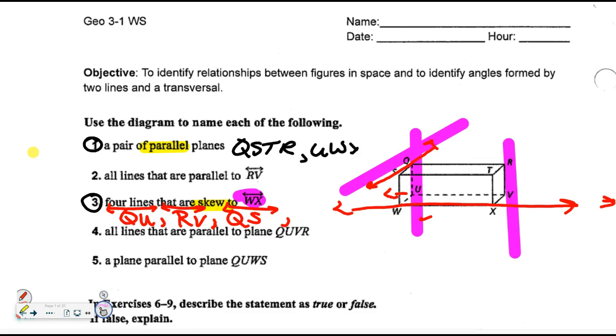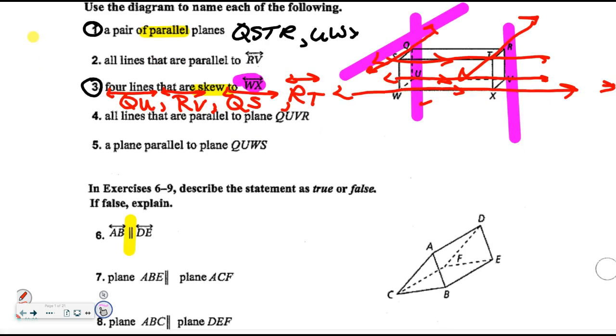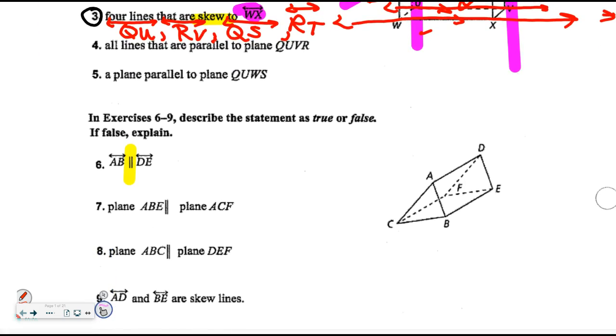That will never cross it, but that's parallel. ST, also parallel. You see, they have the exact same steepness to them. How about this guy up on the ceiling? You see it? It's floating at a different slant. So RT will never ever cross it. So that's the difference between parallel and skew.